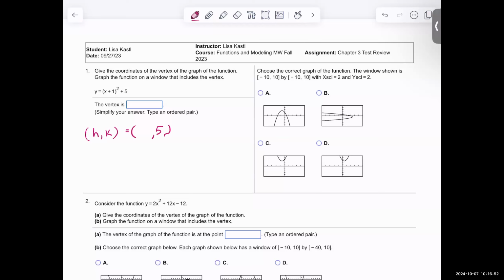See, this is the tricky part. That's why you're pondering. So the standard form of the equation of a parabola is y equals a times x minus h squared plus k. So k is the y coordinate of the vertex. That's pretty straightforward.